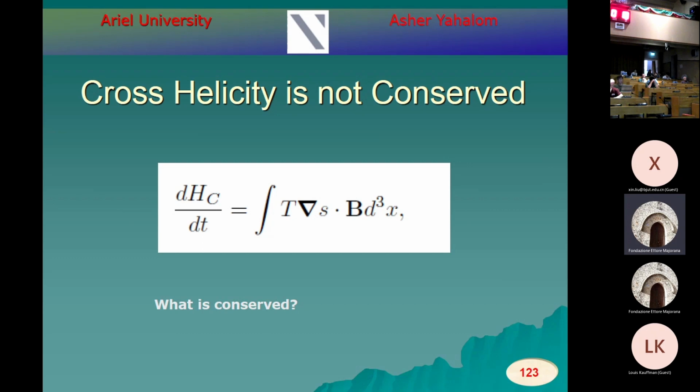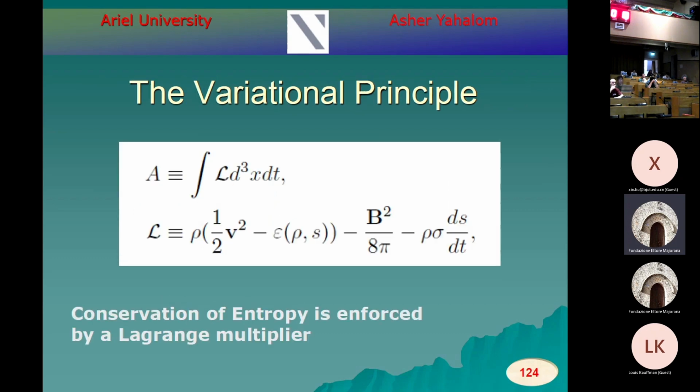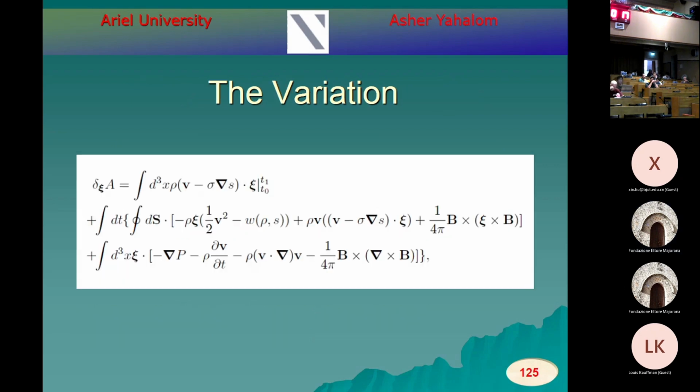In non-barotropic flow, it's not conserved. So you have to start again with a slightly different Lagrangian density. Internal energy now depends on entropy as well. And the conservation of entropy is enforced by a Lagrange multiplier. And you do the calculation again, and you get something a little bit different.